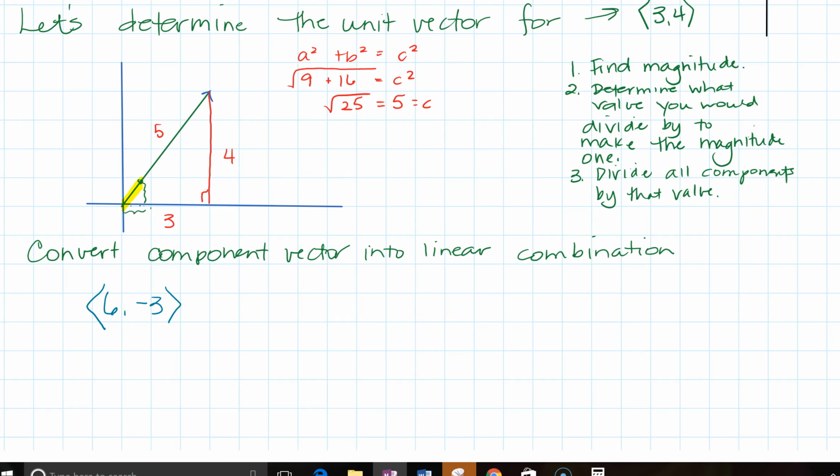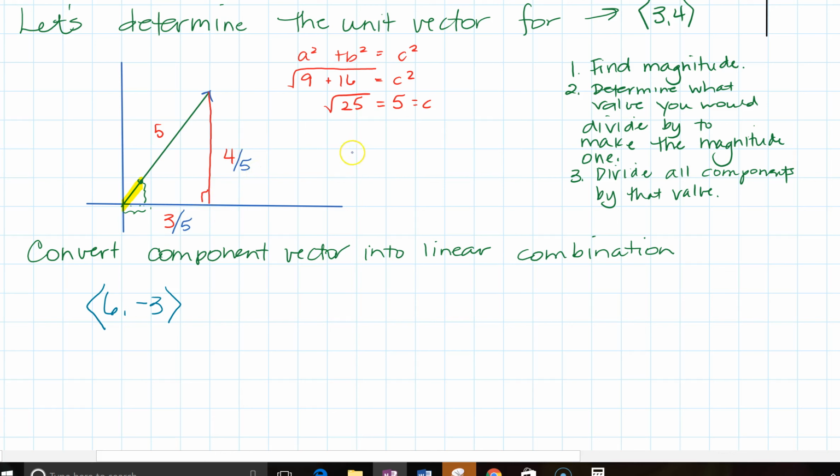Sorry for that little snafu. I want that to be 1. So I'm going to go from 5 to 1. Don't you just divide by 5? In this case, I would, right? And algebraically speaking, if I divide that side by 5, I better divide everything by 5, correct?